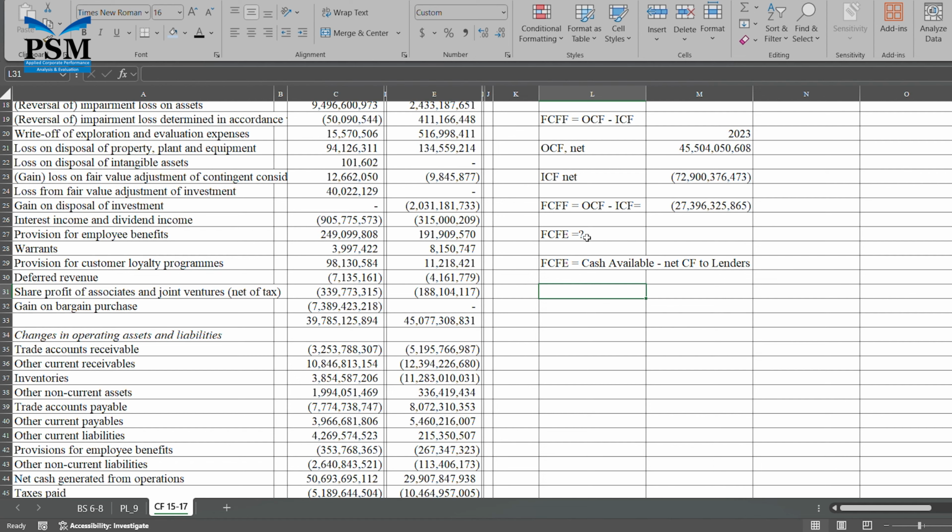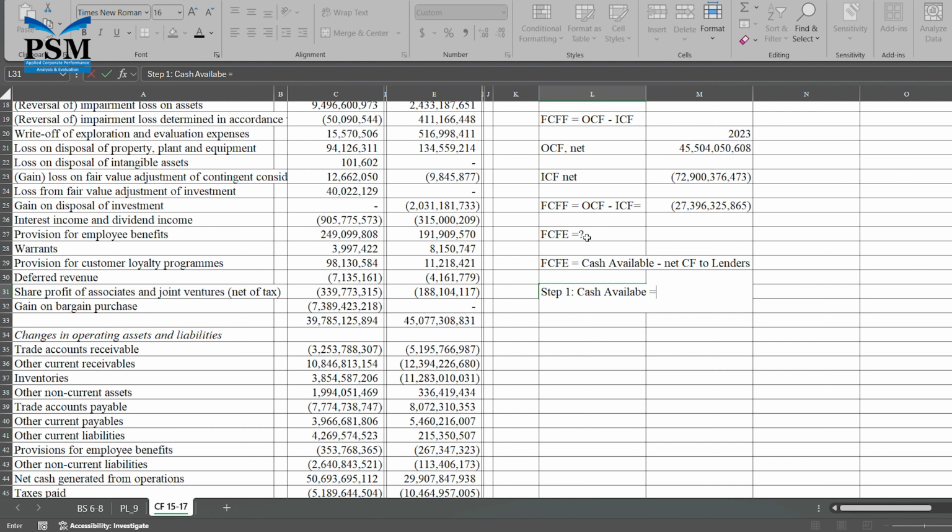Now we begin with step one. Step one is to calculate the cash available for distribution.